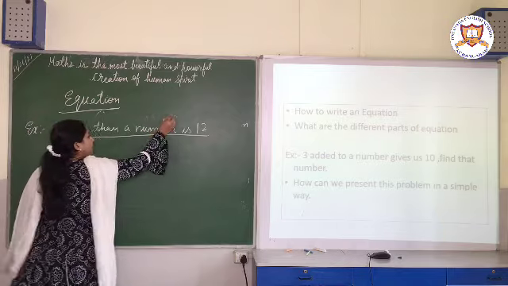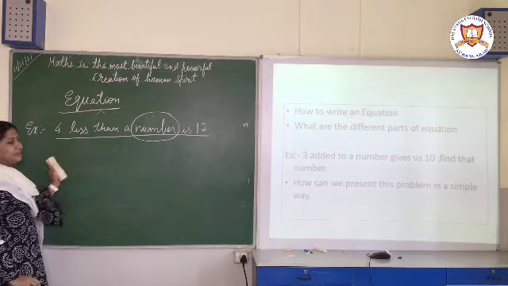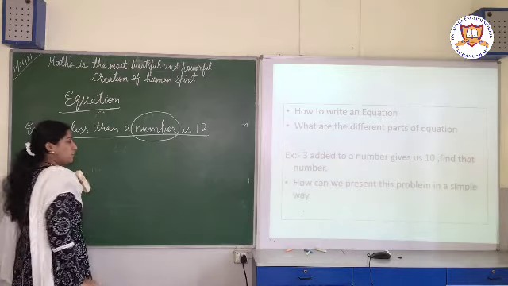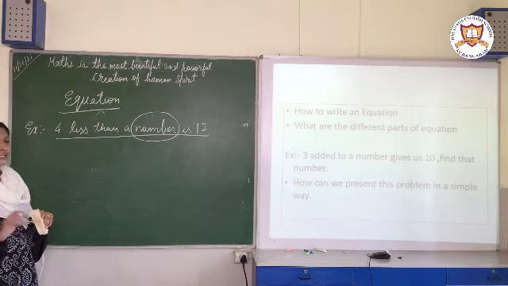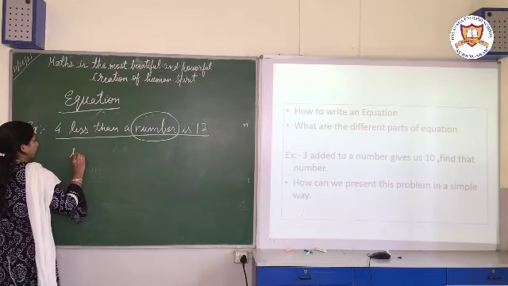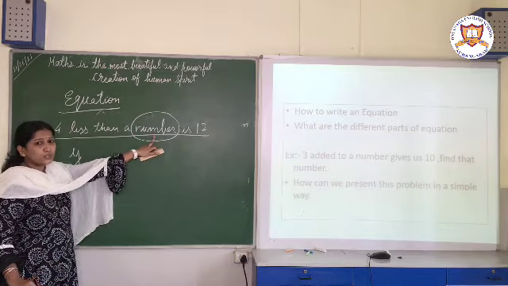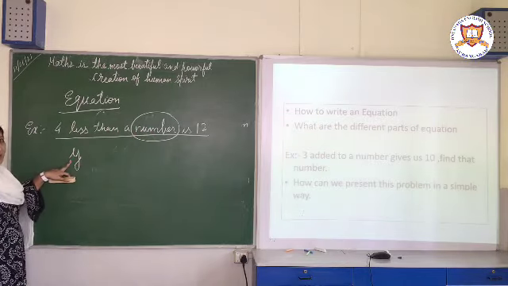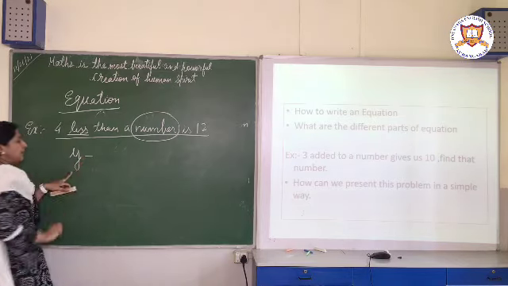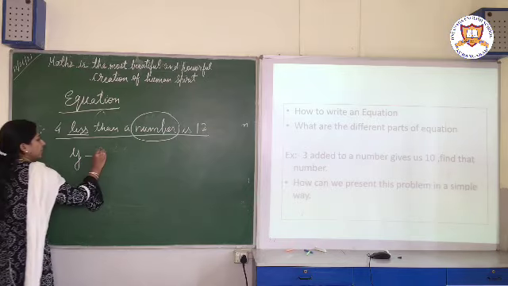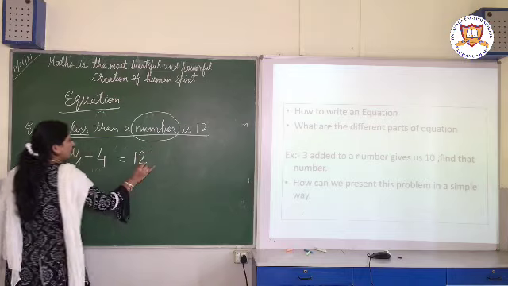As this number we don't know, and you know less means minus. So how can it be represented in the form of an equation? As I told you, you can take any variable from A to Z. Suppose we take y. Now 4 less than a number, we don't know this number, so we assign the value as y. Since it is less, as we know, it is the minus sign, and it is 4 less, which gives you 12.